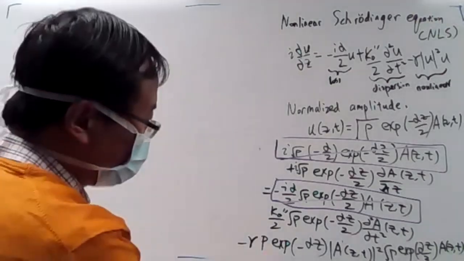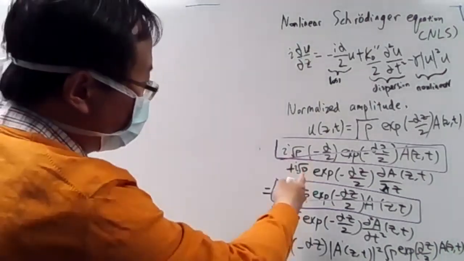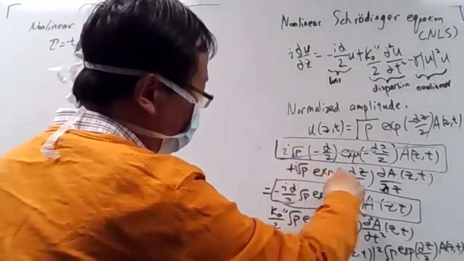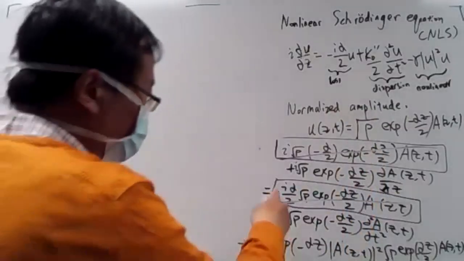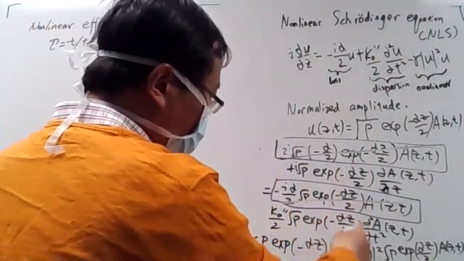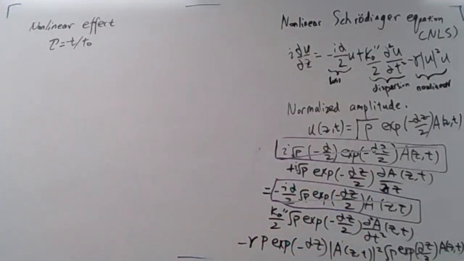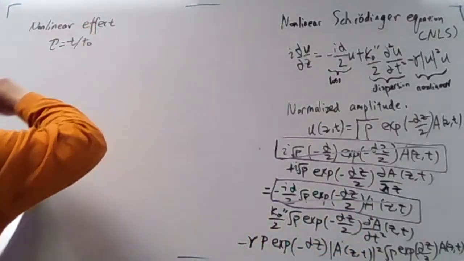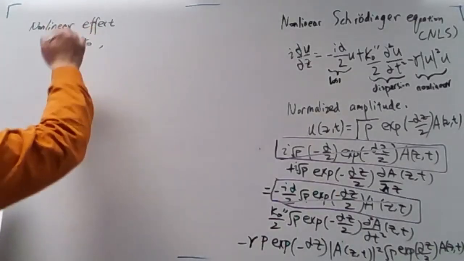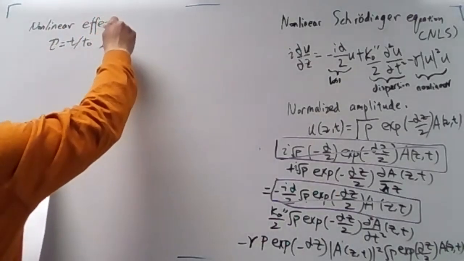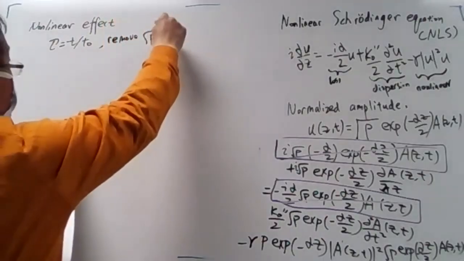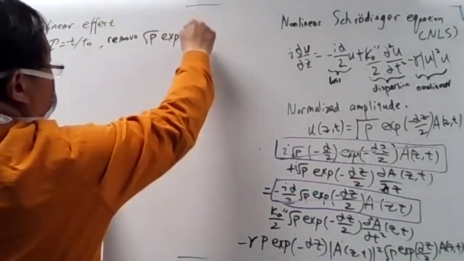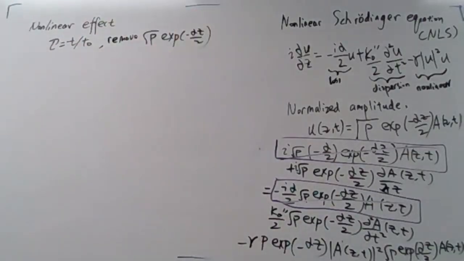And we also look at this: all the terms have square root of P exponential negative alpha Z over 2. Let's remove this term. So let's replace the tau and remove the square root of P exponential negative alpha Z over 2 from all these terms.